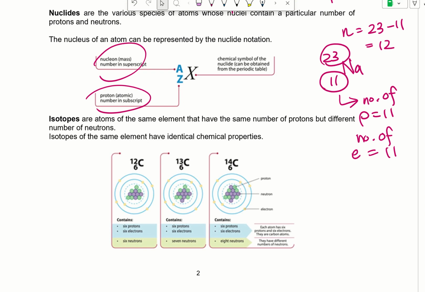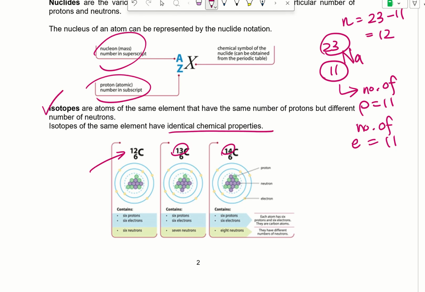Now, what are isotopes? You need to memorize this. Isotopes are atoms of the same element that have the same number of protons but different numbers of neutrons. Basically, they have the same chemical properties, but some are heavier than the rest. The most common one is carbon with a mass number of 12 and proton number of 6, right?